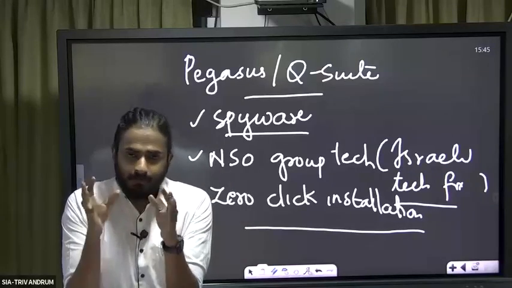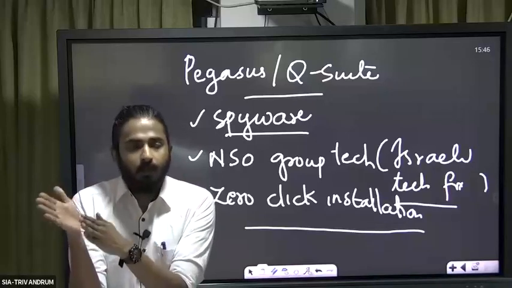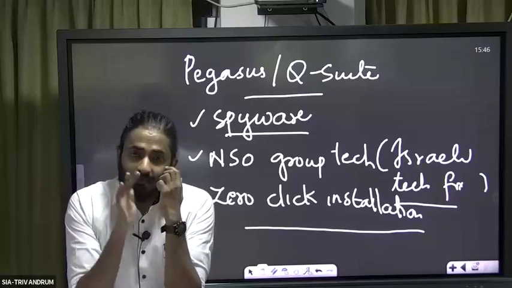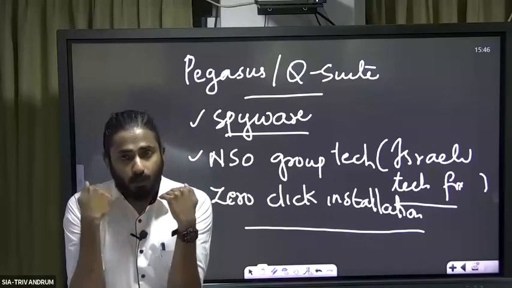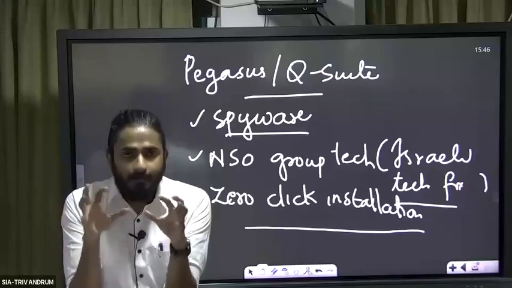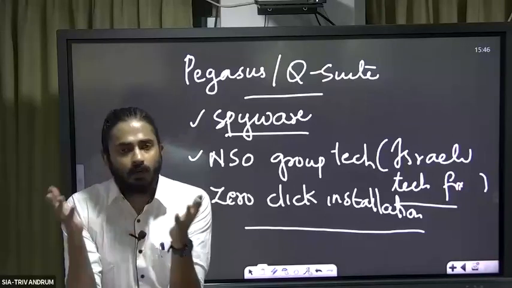At times you might get a missed call from some number, and through this call, a video call can come through WhatsApp. Even if you are not picking up this video call, through different methods, even without clicking, this spyware can be installed in our mobile phones.